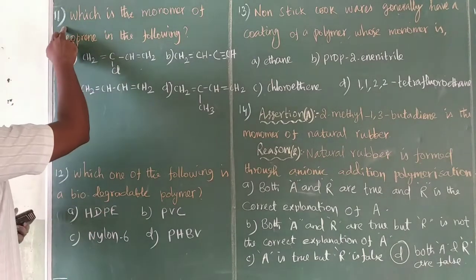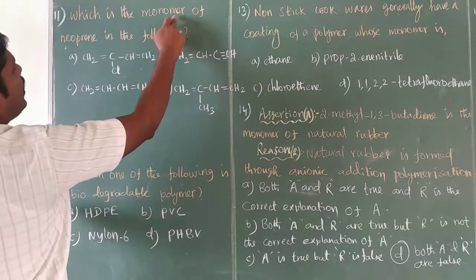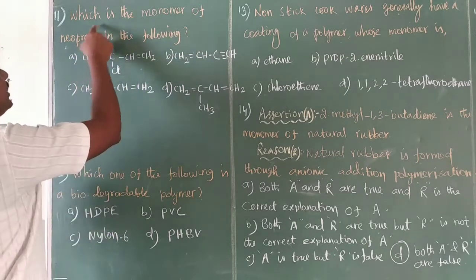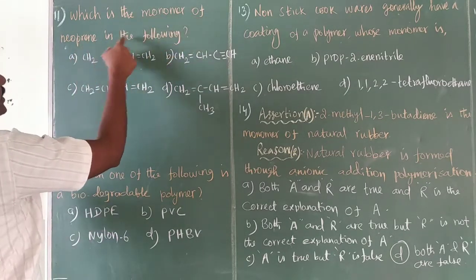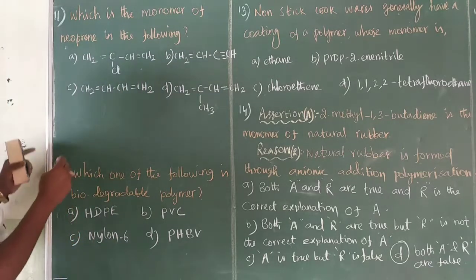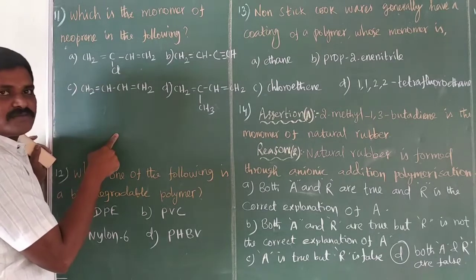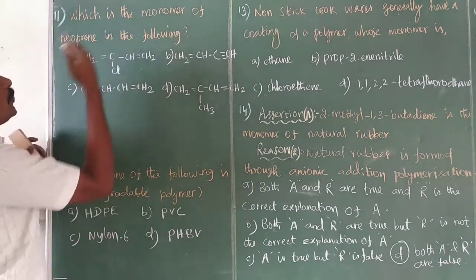The 11th one: which is the monomer of neoprene in the following? The free radical polymerization of chloroprene will give neoprene.